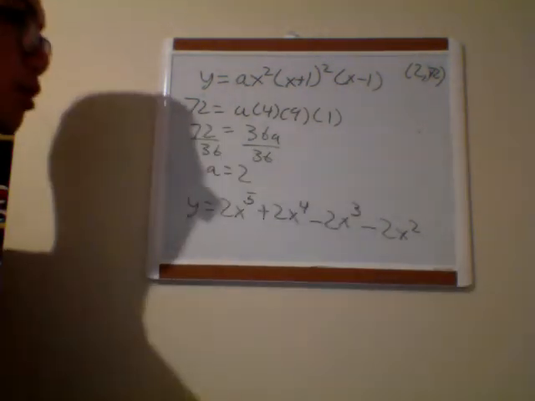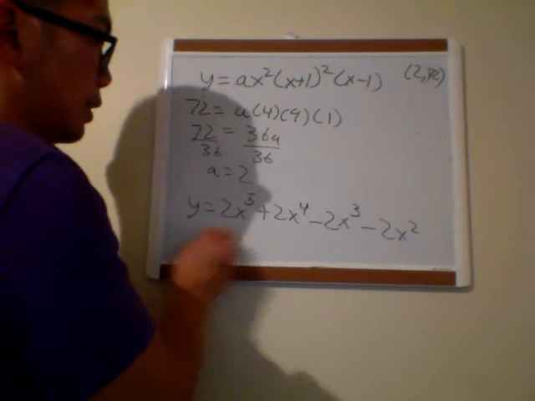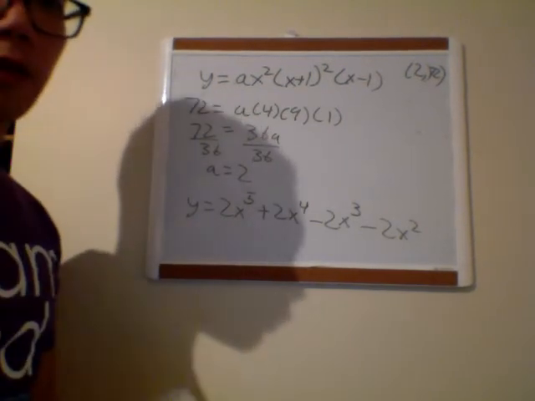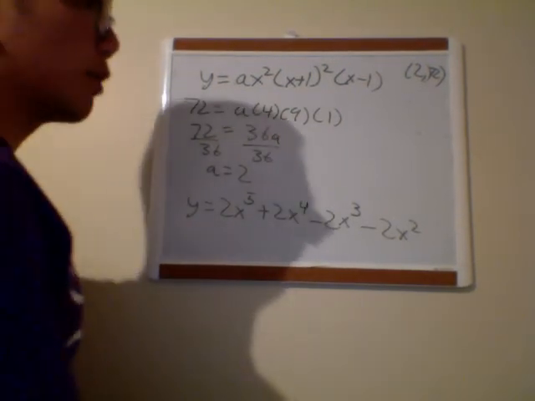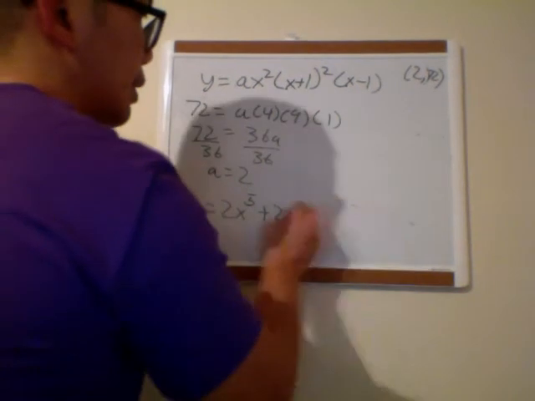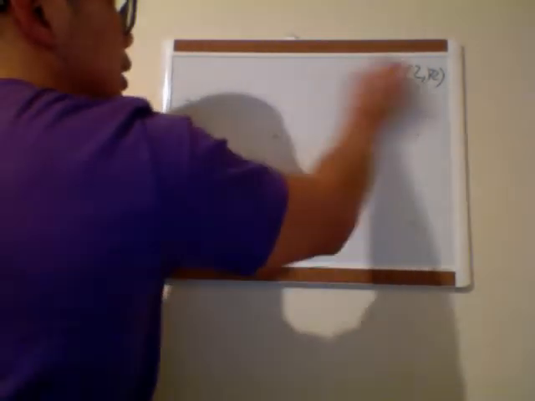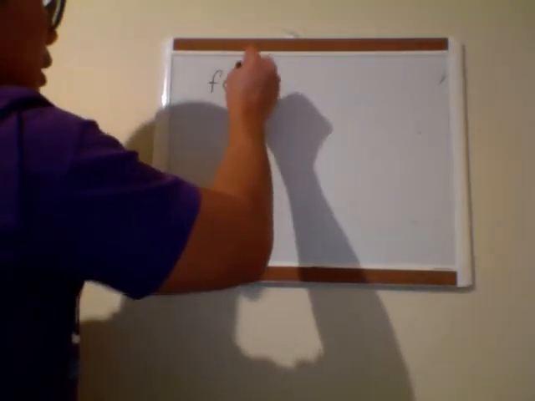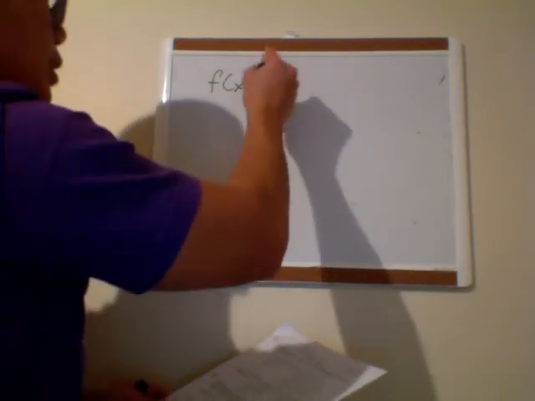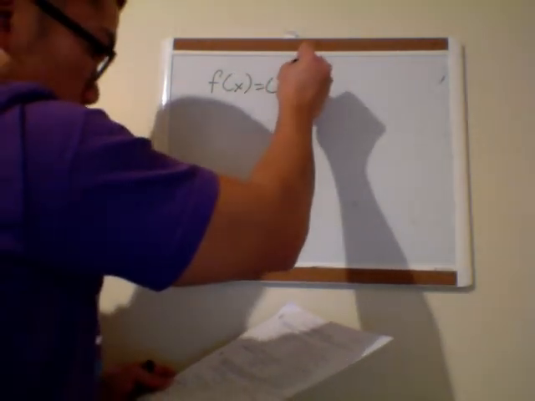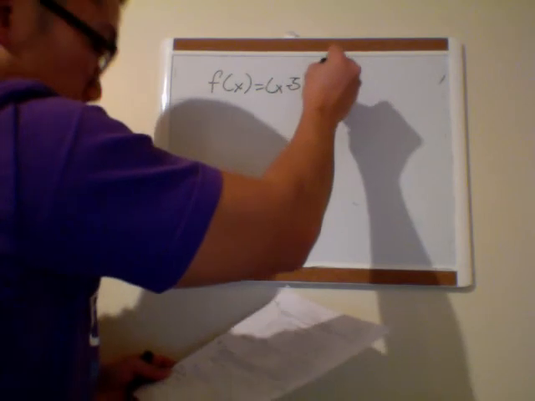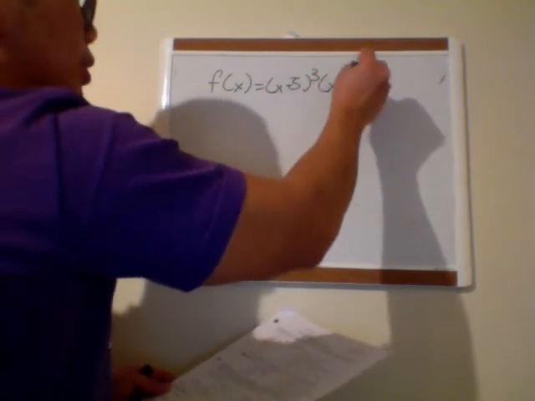Okay, now I really want to go over 3, 4, and 5 because that involves a lot of the vocabulary and a lot of the concepts for this chapter. So, number 3, I have the polynomial function f(x) is equal to (x - 5) to the 3rd times (x - 4) squared.